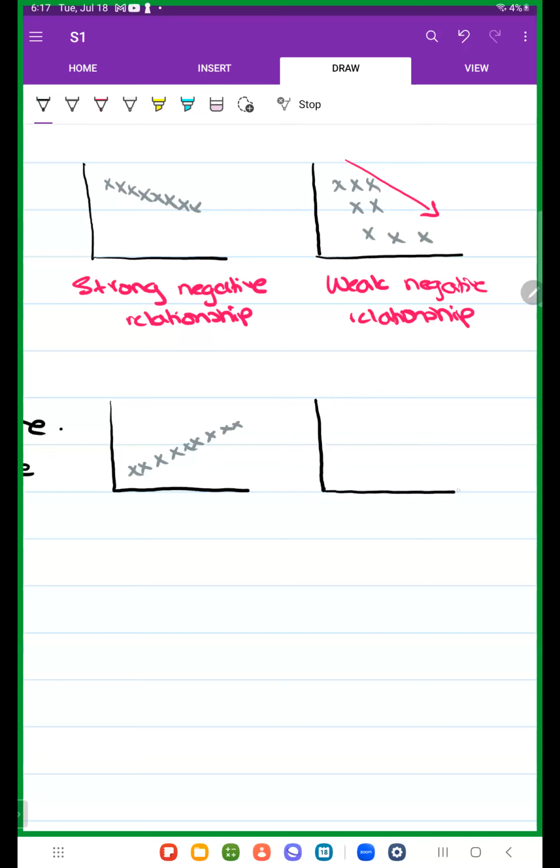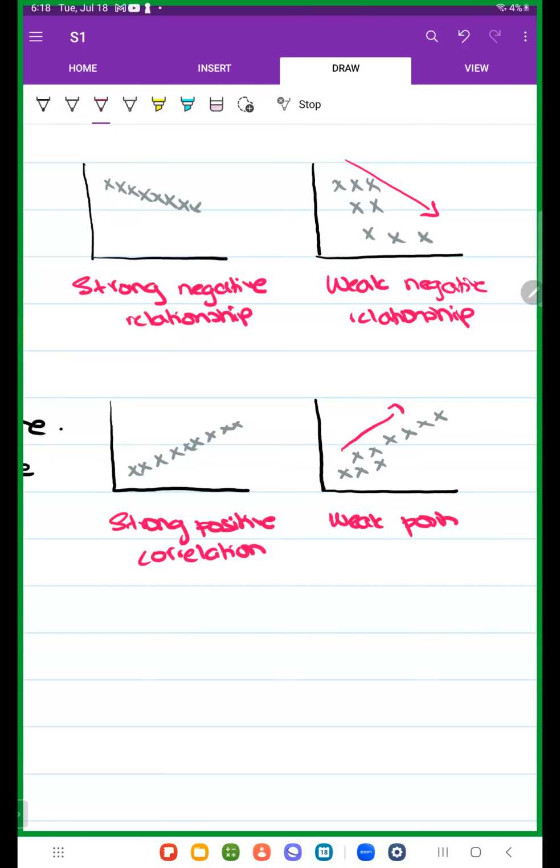Over here, the points are far apart and the slope is positive. As long as the slope is positive, it will be positive. We can tell strength through the closeness of the points. So this is a strong positive. You can either write relationship or you can write correlation. This is a weak positive correlation.